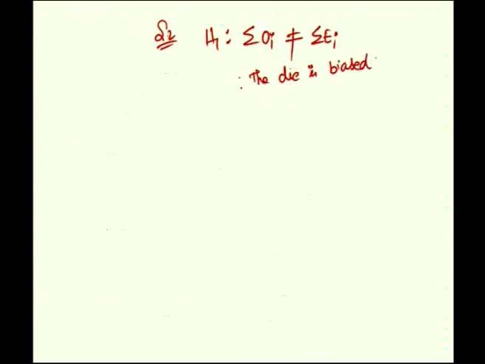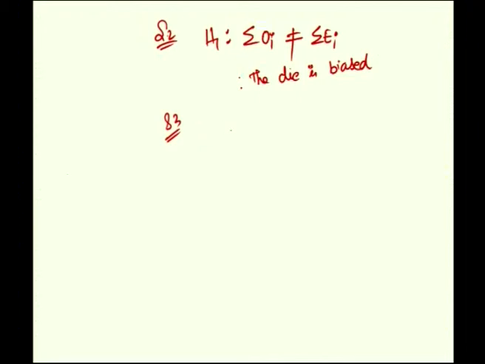Step 2 says H1 such that summation OI is not equal to summation EI, where we say that the die is biased, that is, it is not accurate enough to give the results.